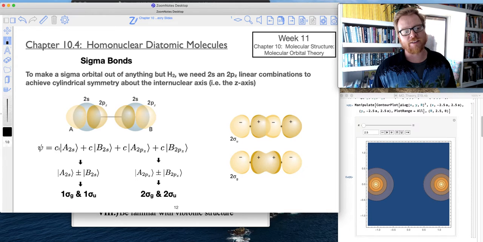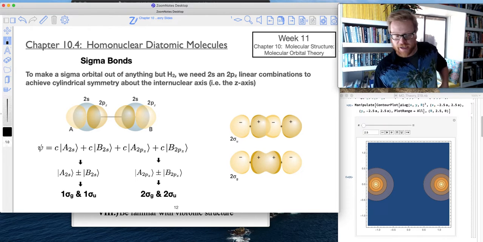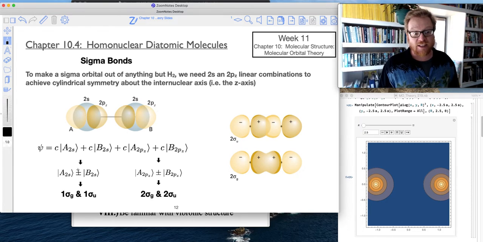We've got some normalization constant times the wave function for A2s and B2s and A2pz and B2pz. We can actually separate these into two separate basis sets. And again, following the LCAO-MO, the linear combination of atomic orbitals, because we don't know which is which, we get this plus-minus state.